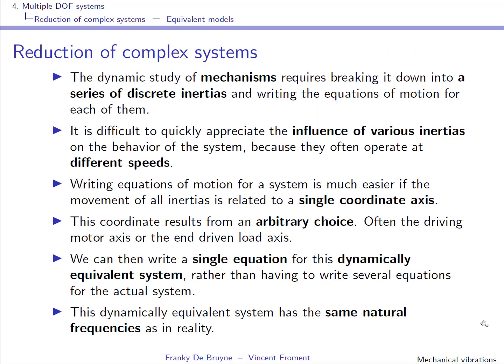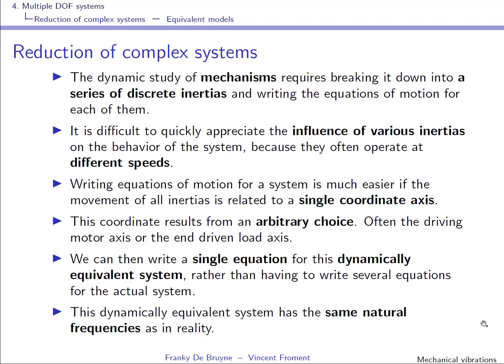Well, in this last part of this fourth section, we'll talk about the reduction of mechanisms. The idea is to break them down into a series of discrete masses or moments of inertia. Of course, it's difficult in such a mechanism to see the influence of the various inertias because they operate at different speeds.